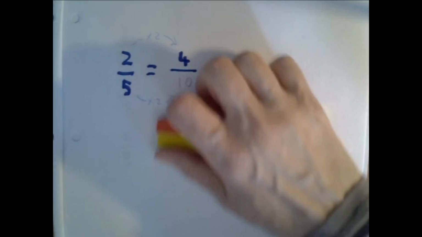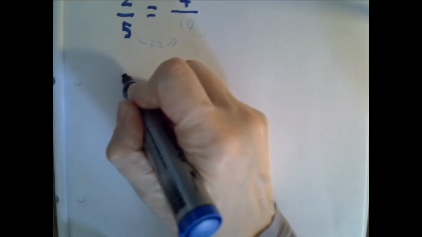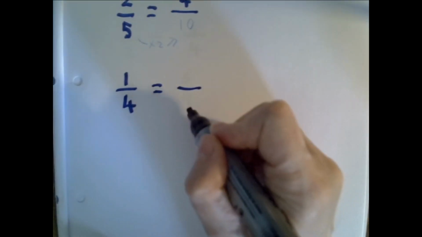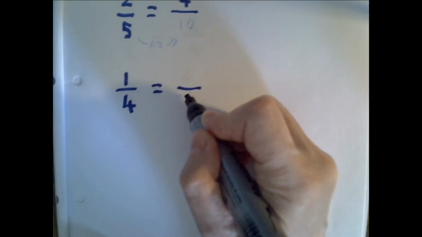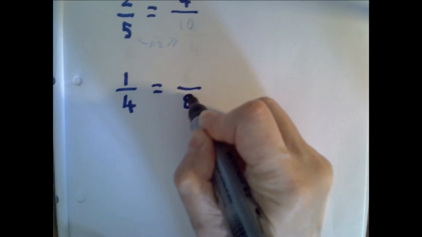So let's do another one. Let's do 1/4. What could that be the same as? Could be the same as something with, let's see, 8 on the bottom.